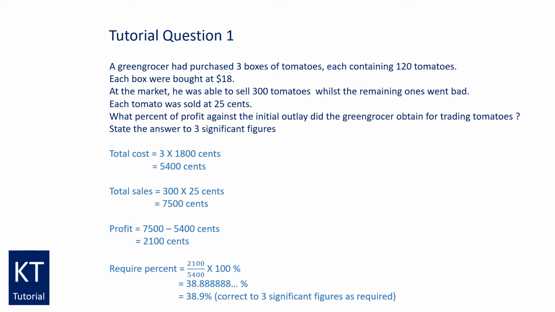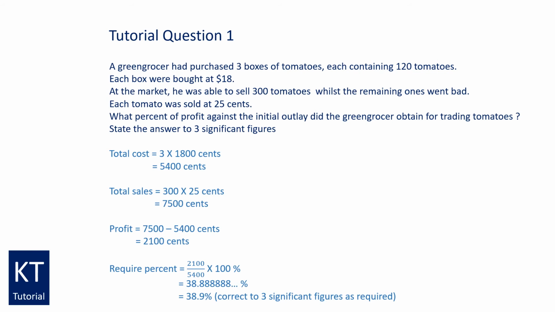For the first portion of the question, the total cost can be found as 3 times 1,800 cents, which comes to 5,400 cents. For the second part of the question, you could tell that the total sales is 300 times 25 cents, which is 7,500 cents.